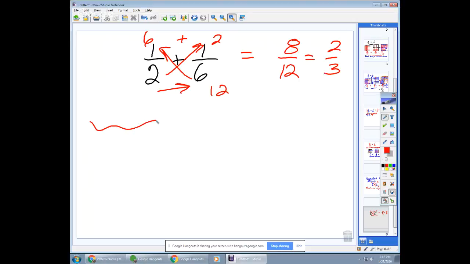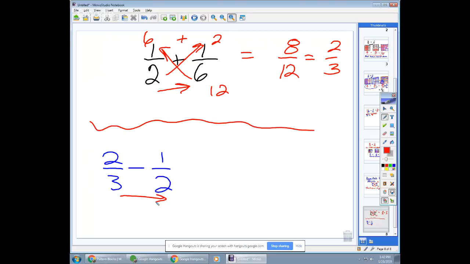So let's try a new problem. Let's suppose we had subtraction, 2/3 minus 1/2. Arrow method works just fine here too. 3 times 2 is 6. 2 times 2 is 4. 3 times 1 is 3. The only difference here is what am I doing instead of adding? Subtract. So just put a subtraction up top to remind yourself.